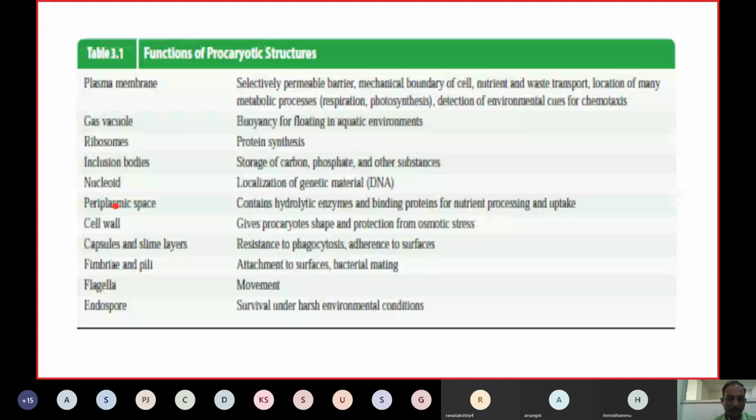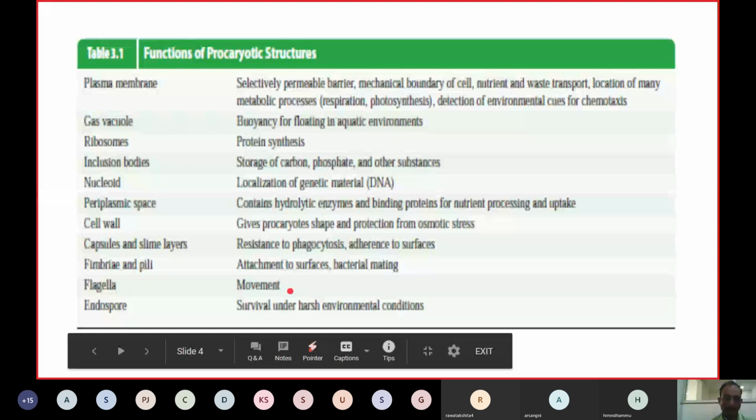Cell wall, you know about this. Capsule and slime layers, which we'll discuss today. Then fimbriae and pili, which help in adherence. Pili help in conjugation. Flagella help in movement, and endospores help in survival under harsh conditions.